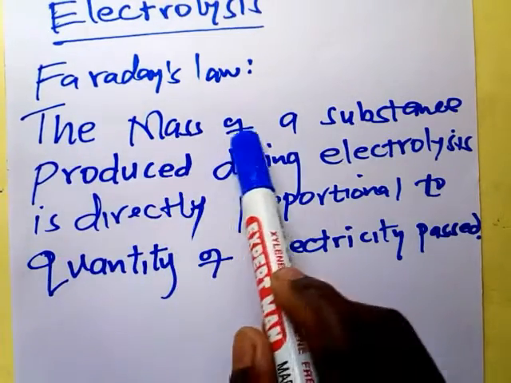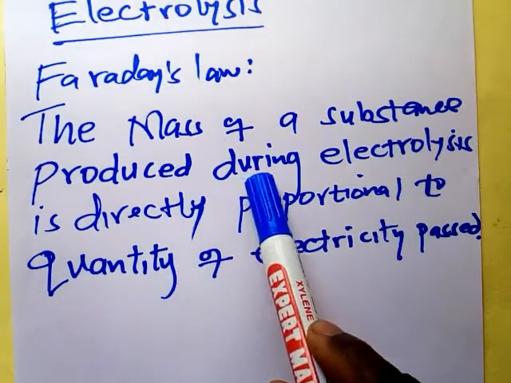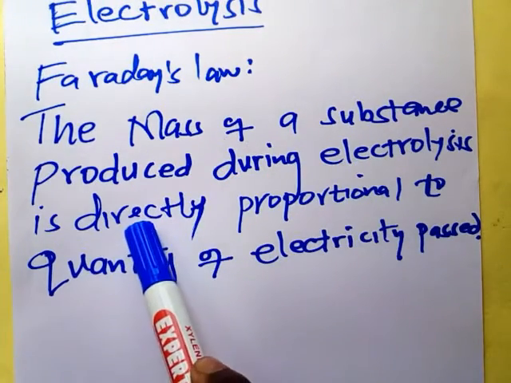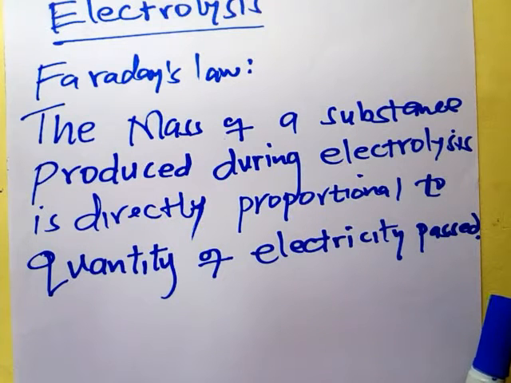So Michael Faraday, after doing an intensive study on electrolysis, came up with this law that the mass of a substance produced during electrolysis is directly proportional to the quantity of electricity passed through it.